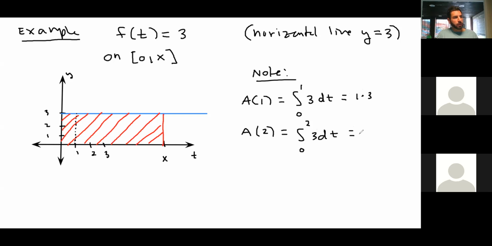And of course, if you do that, its width is 2, its height is 3. You can play this game all the way down to whatever x is. What's x? Well, that would be the integral from 0 to x of 3 dt. And using the length times width, this is just x times 3.